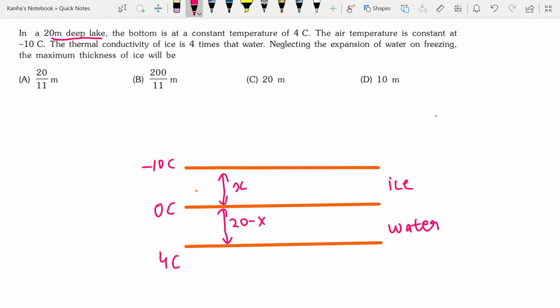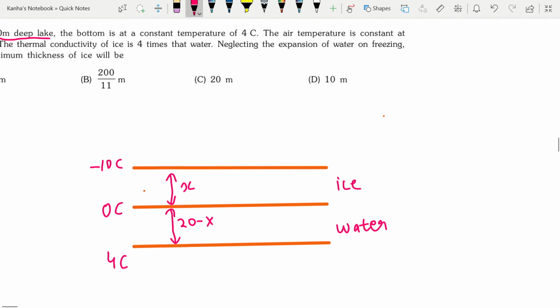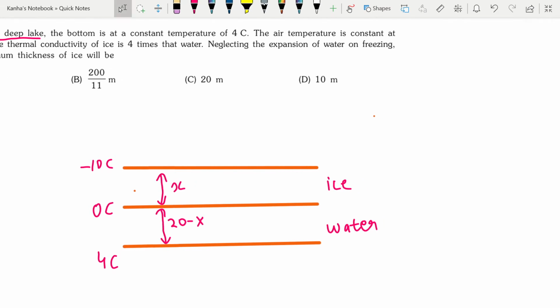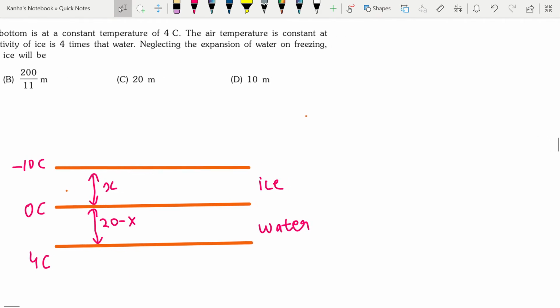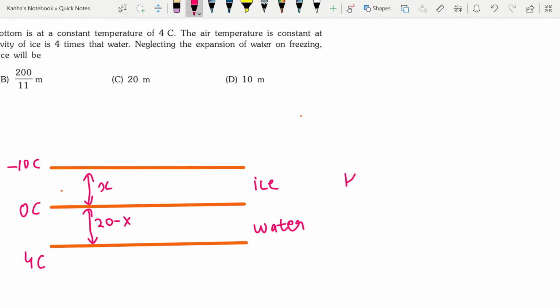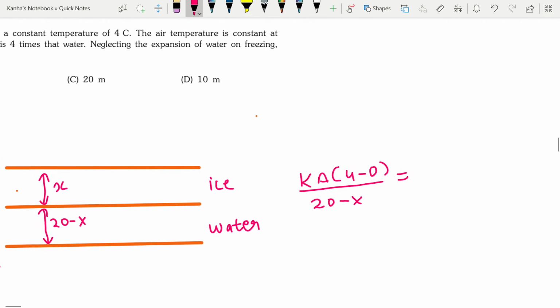Because the rate of heat flow is the same through the water and ice, I can simply write this as Ka into 4 minus 0 divided by 20 minus x is equal to 4 Ka into 0 minus 10 degrees divided by the length x.